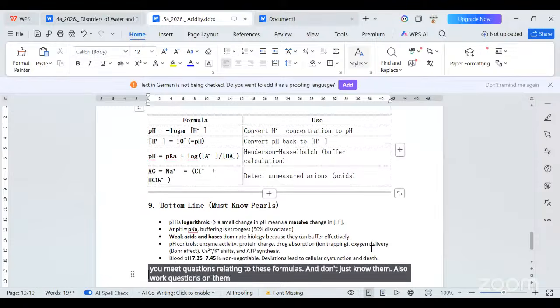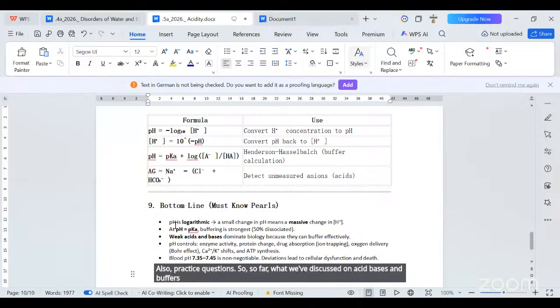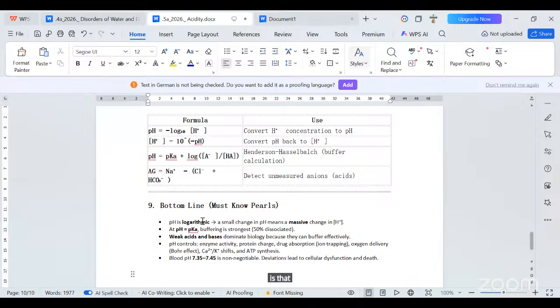Also practice questions. So far, what we've discussed on acids, bases, and buffers is that pH is logarithmic. That is, small changes in pH mean massive change in hydrogen ion concentration. From the example we did, when we took 1.3 to the logarithmic form, it gave us 20.